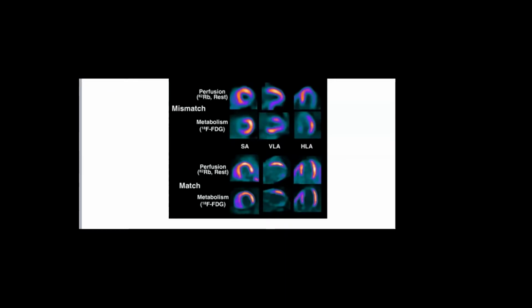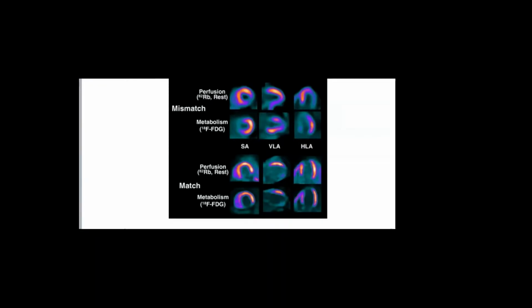Viability means it's still actively metabolizing tissue. So if I demonstrate a perfusion defect but on the metabolism scan it appears metabolically active, I would conclude that it is viable.